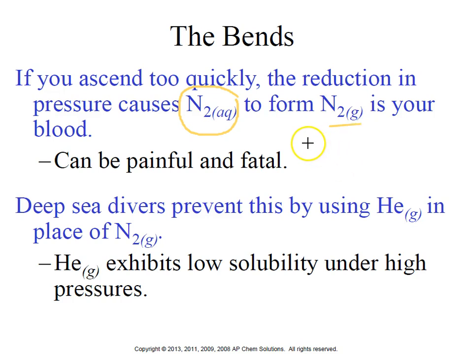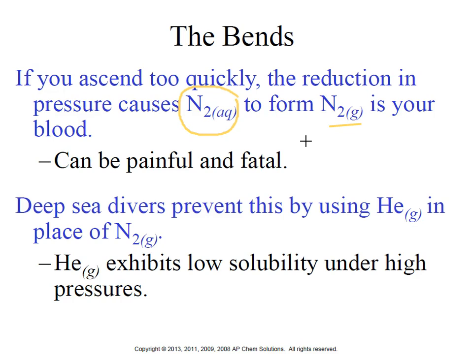So it escapes from the blood, and now you've got all this nitrogen gas in your bloodstream. So think about a gas dissolved and then a gas escaping from the liquid, extra gas inside your veins. That is very painful and can also be fatal. And so they would have to put them in a pressurized chamber and allow the pressure to come back to normal very, very slowly instead of ascending too quickly, okay, which would cause that to happen.